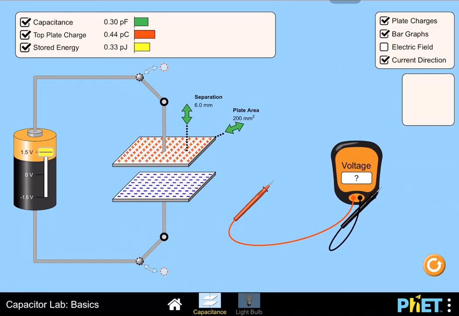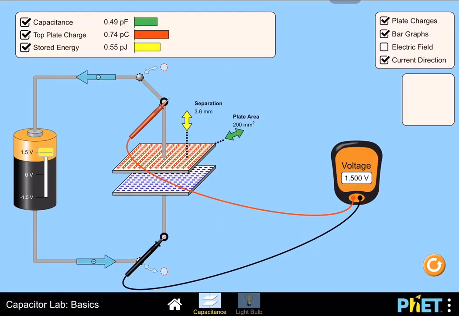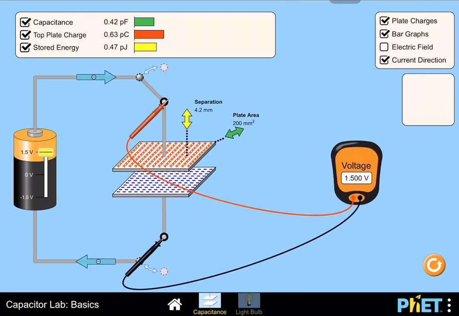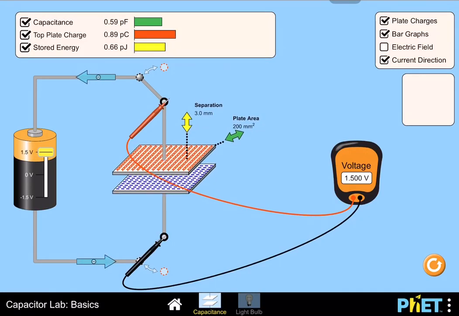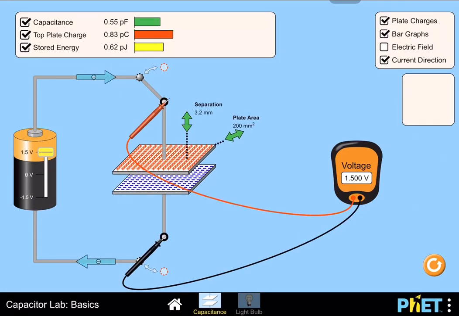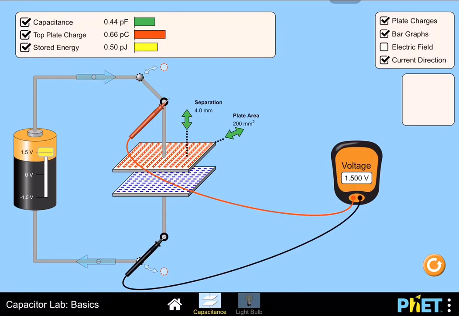Now let me double the gap, and I'm also going to measure the electric field, the voltage here. First, I will start with the 5 millimeter. Okay, 4 is good.